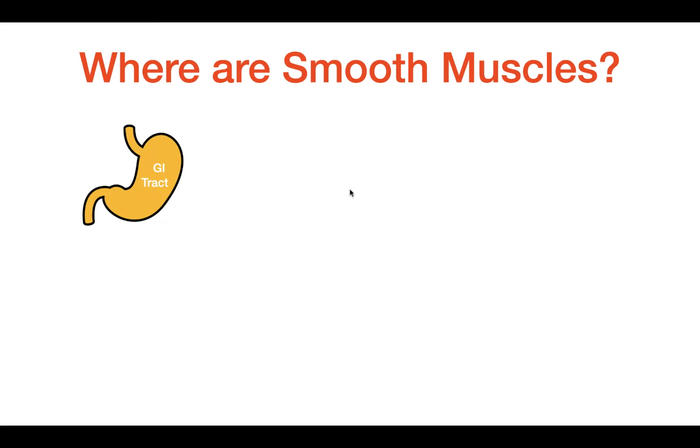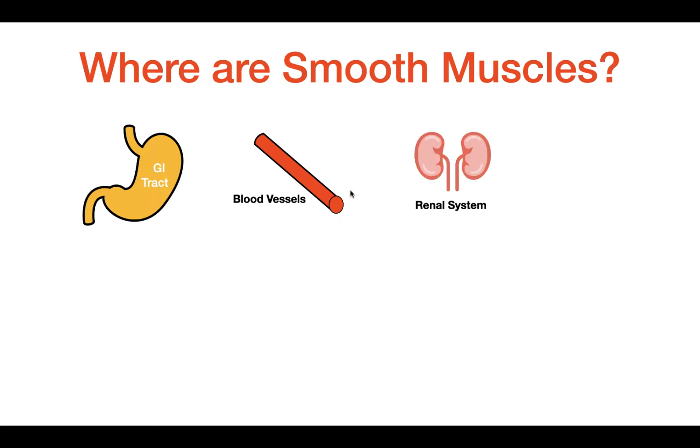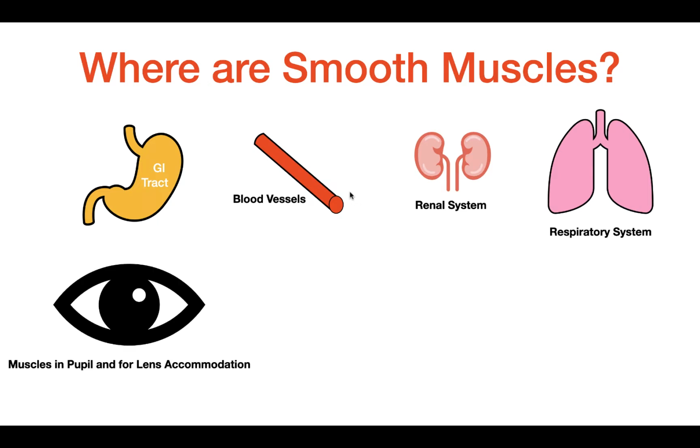Another thing smooth muscle is important for is the blood vessels. Smooth muscle cells are going to control vasodilation and vasoconstriction, so it's going to be determining how much blood flow certain organs get. Another place it's going to be is in the renal system, and it's also going to be in the respiratory system. Inside the respiratory system, you have different tubes, and some of these tubes are going to have smooth muscle around them. It's also going to be inside the eye itself.